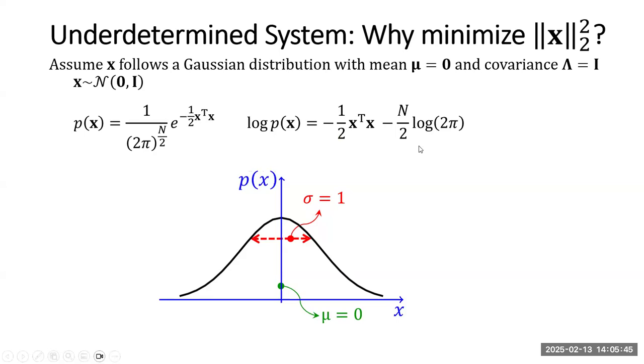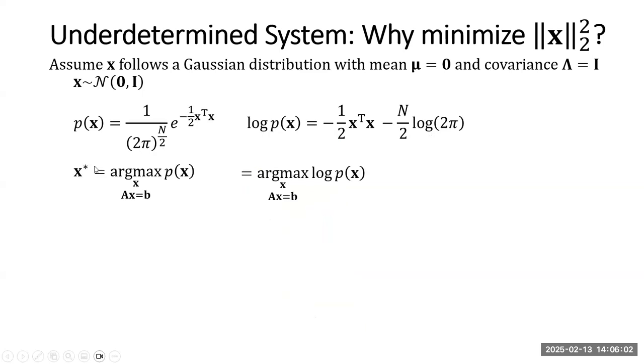Its log is negative half x transpose x minus n by 2 times log of 2 pi. Now, we want to find the x which is most likely.